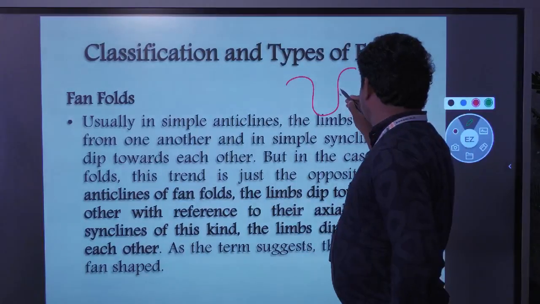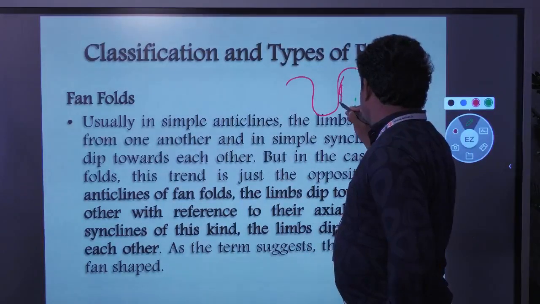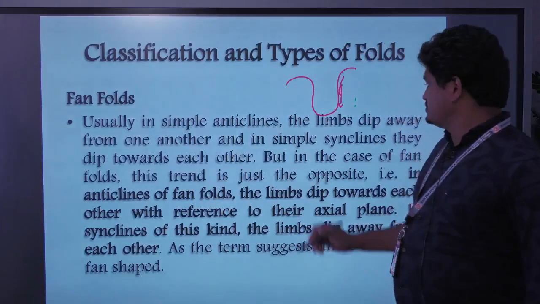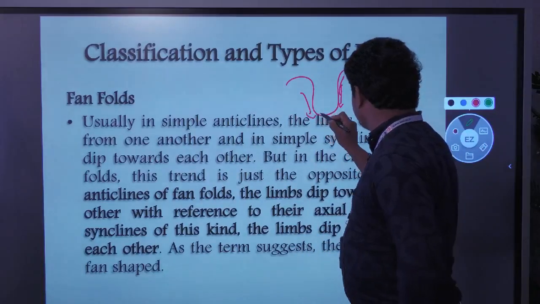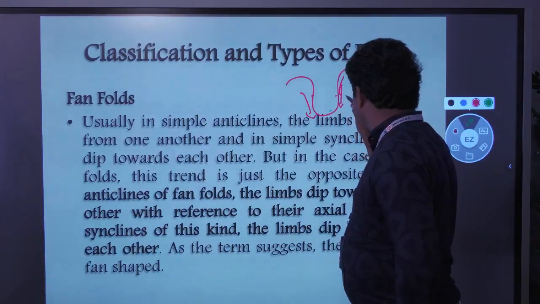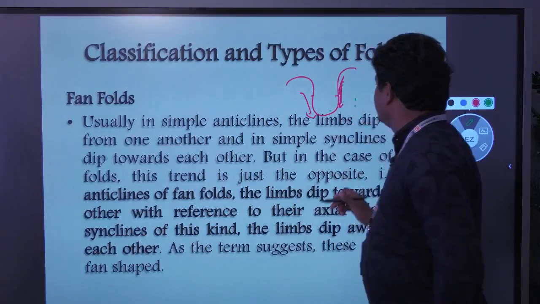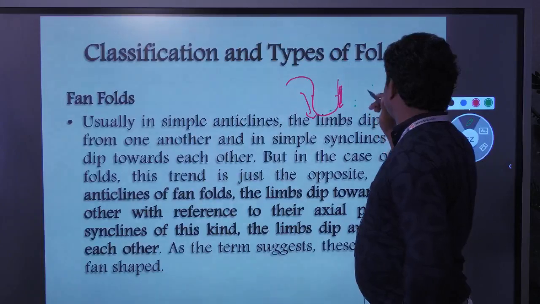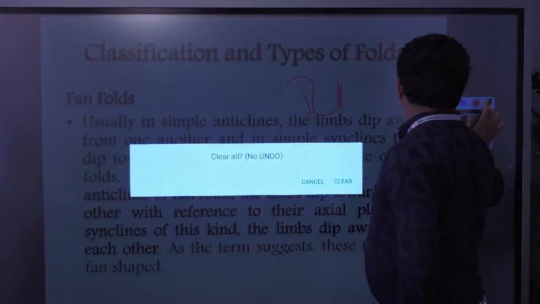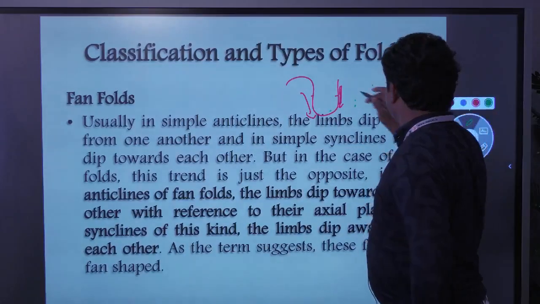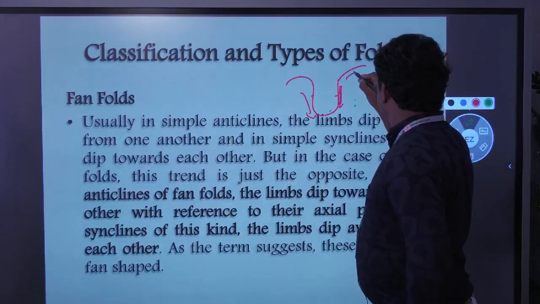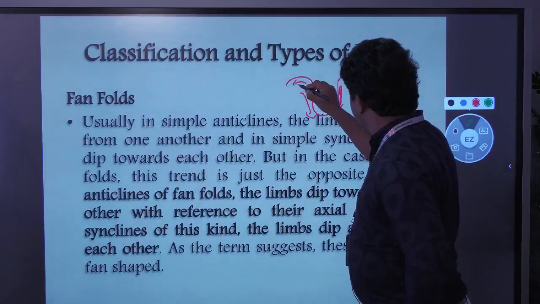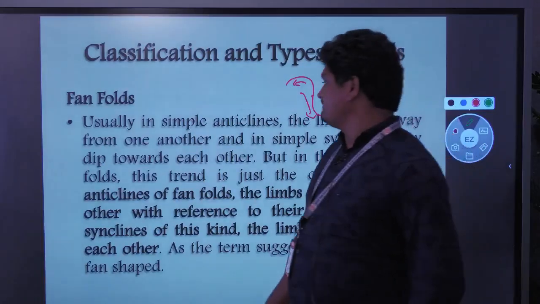On the trough side, the limbs will be towards each other. When it is the crest, they will be away from each other. So it will be called a fan fold.